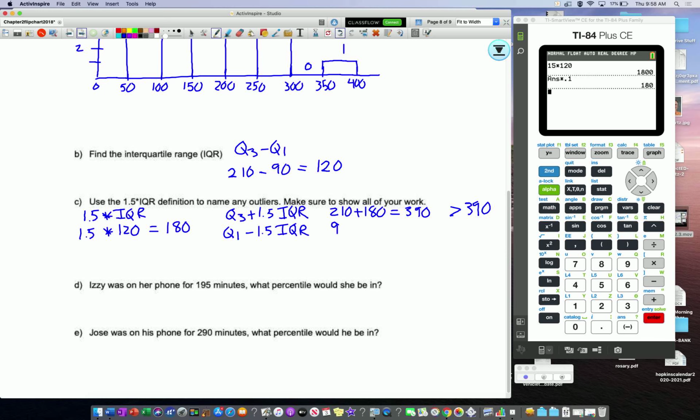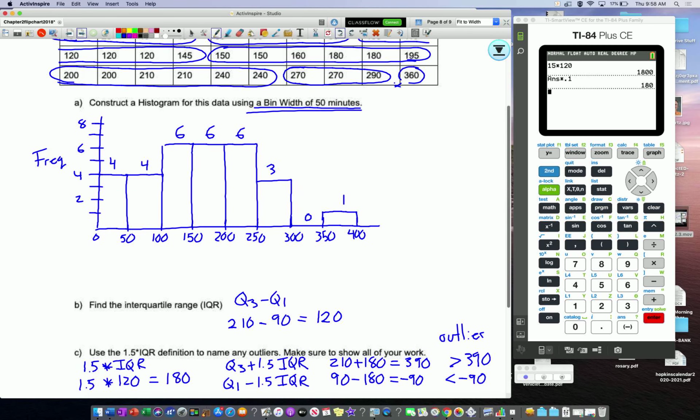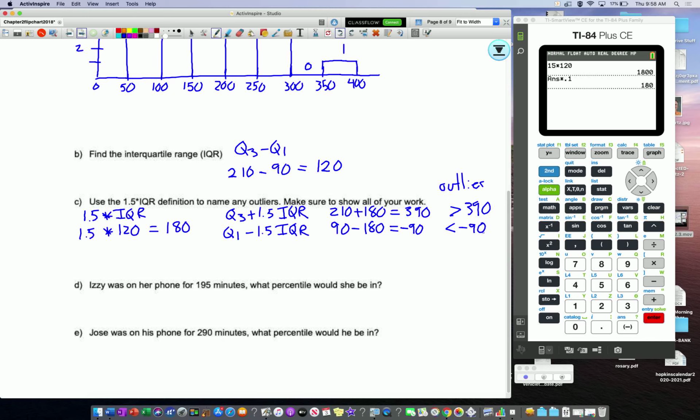So 90 minus 180 is negative 90. So any value less than negative 90. So outliers are defined by these values. Well, the longest anybody talked on their phone was 360 minutes, and you can't have negative minutes on the phone, so we have no outliers, even though 360 minutes seems like a lot of minutes.